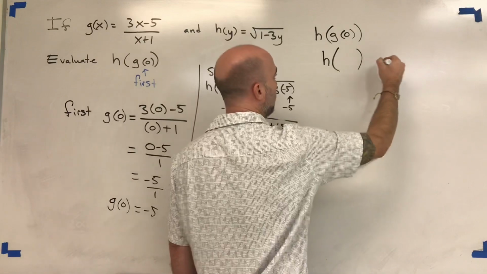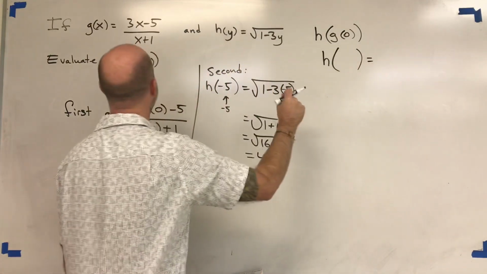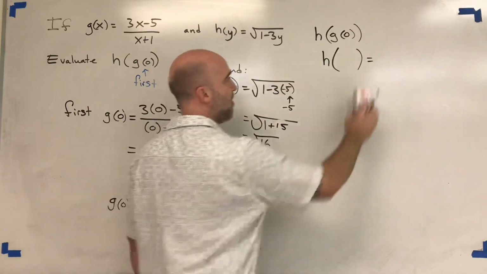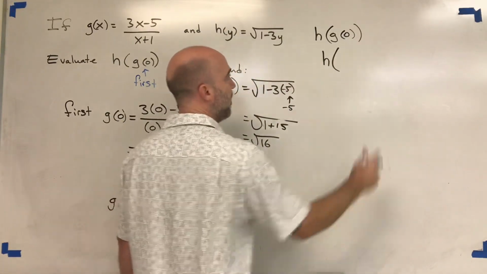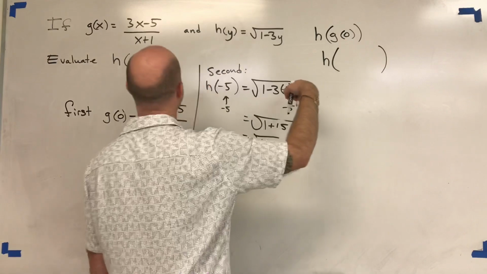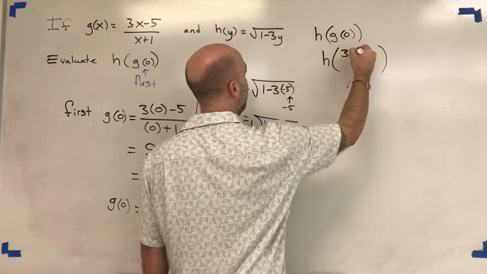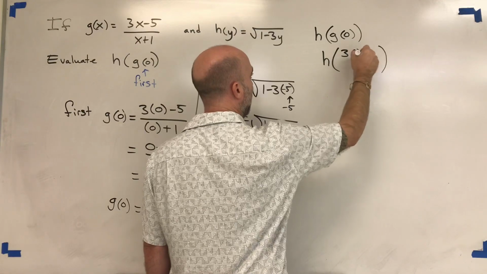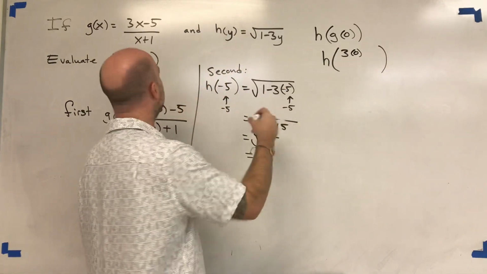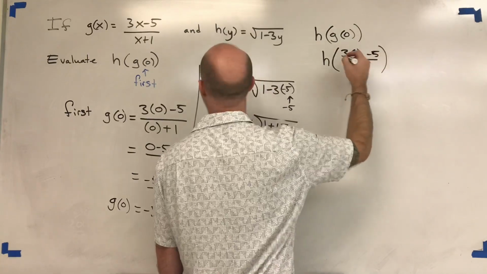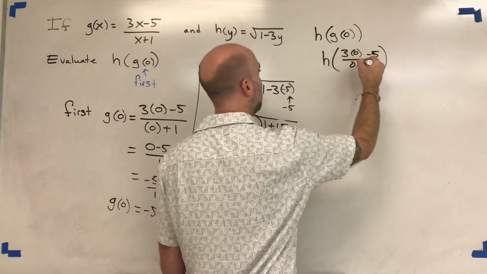H of that function, evaluated at 0, is, let's see. I'll just go ahead and plug it in on that one. So that would be 3, and we're doing a 0 for x. Notice how it starts to bend the mind a little bit, kind of getting into it. Minus 5 over 0 plus 1.